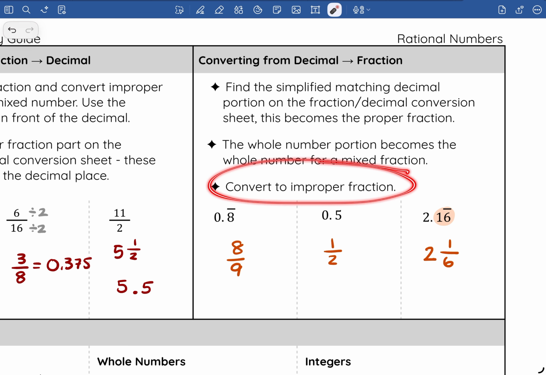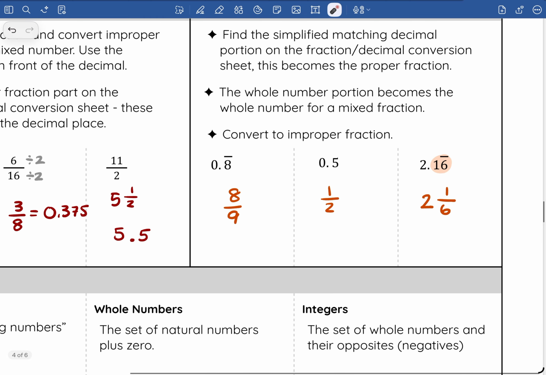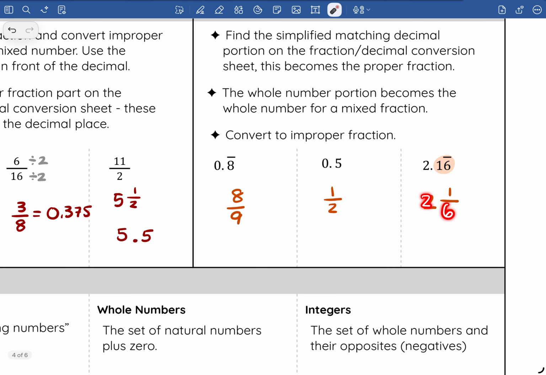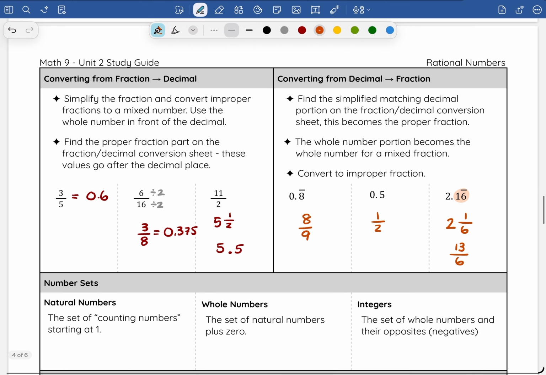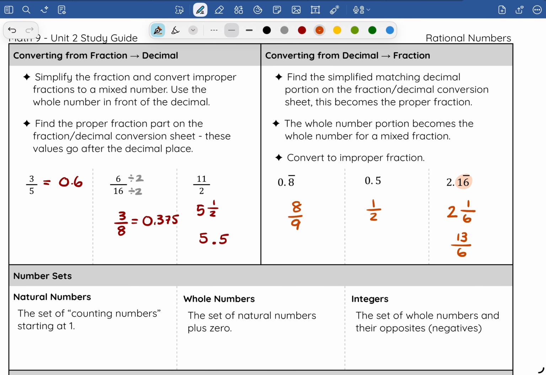But then we are going to convert it to an improper fraction. So our final answer will not be as a mixed number. So we go, okay, what is 2 times 6? That'll give us 12. Adding the 1 to that will give us 13/6. What do we think? Awesome.